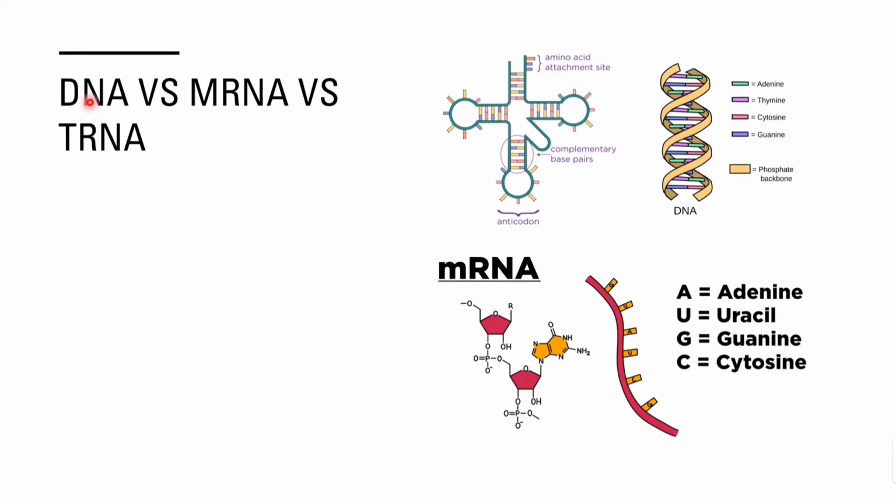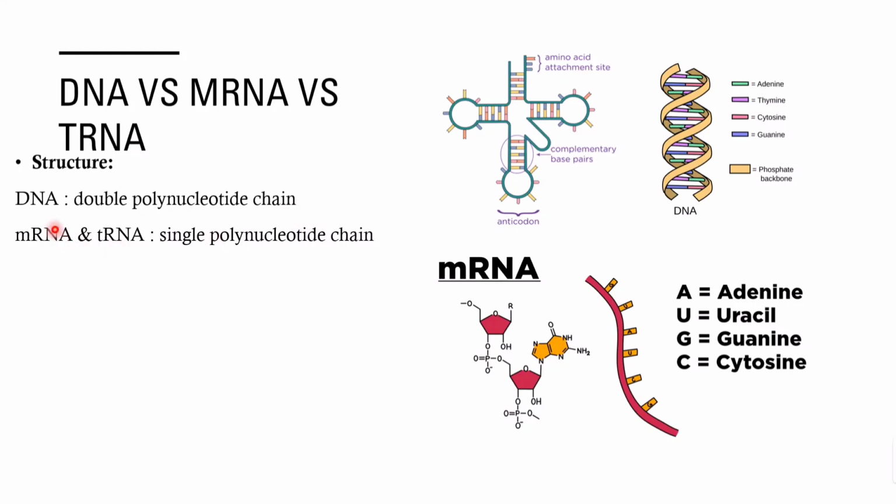Now we're going to have a look at DNA versus mRNA versus tRNA and look at all the differences. Structure: DNA is a double polynucleotide chain, so it's a double helix made of 2 strands, while mRNA and tRNA are single polynucleotide chains. They're not in a double helix, they're single strands.